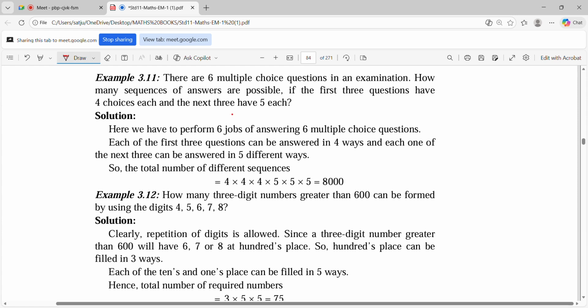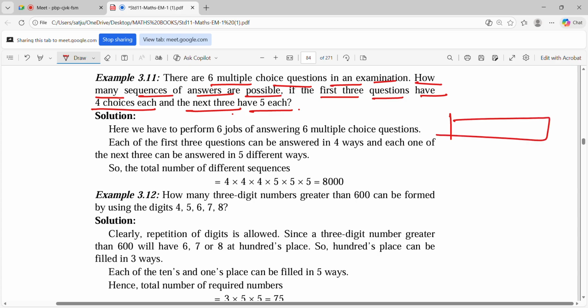See the question. There are 6 multiple choice questions in an examination. How many sequences of answers are possible if the first 3 questions have 4 choices and the next 3 have 5 choices?